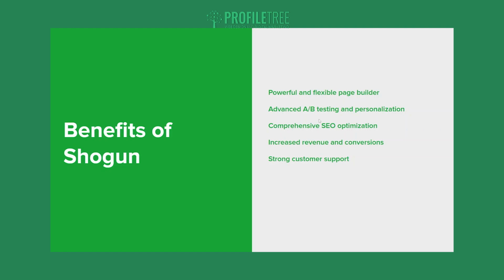They offer helpful documentation, video tutorials, and live chat support, so they're always ready to help you get the most out of the platform. And as we've seen, you can integrate with loads of other tools, marketing tools that you might already be using, things like Klaviyo, to help streamline your workflow and maximize your data usage. And the mobile responsive design makes sure that all your pages look great and function smoothly on mobile.